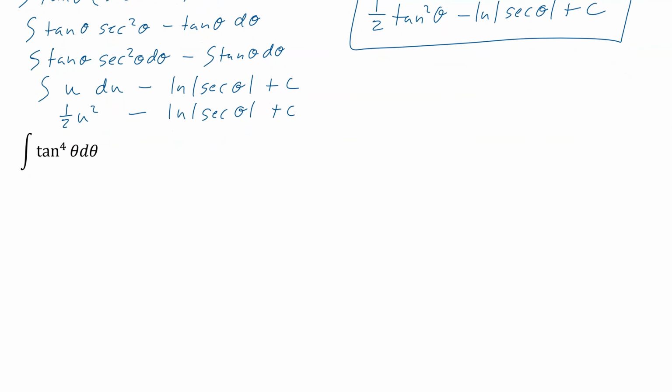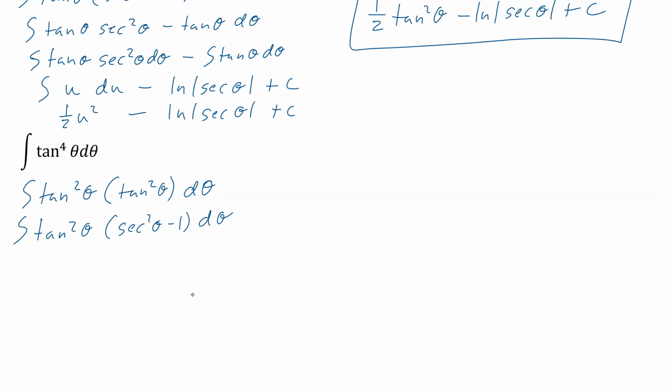All right, so what about tangent fourth? Well, why don't we do exactly the same thing we just did? That's tangent squared theta, tangent squared theta, d theta. And then now we can say, well, that's secant squared theta minus 1 d theta. And we could even change this into secant squared minus 1 and then just do distributing from there as well. But I'm going to leave it the way it is.